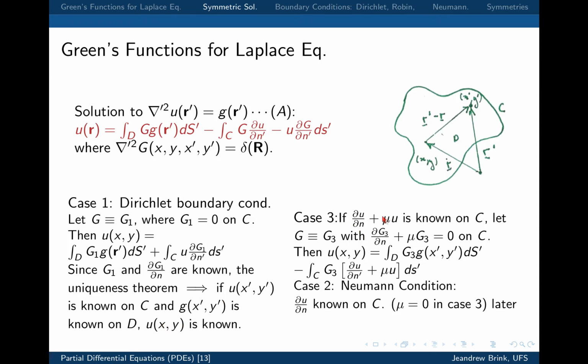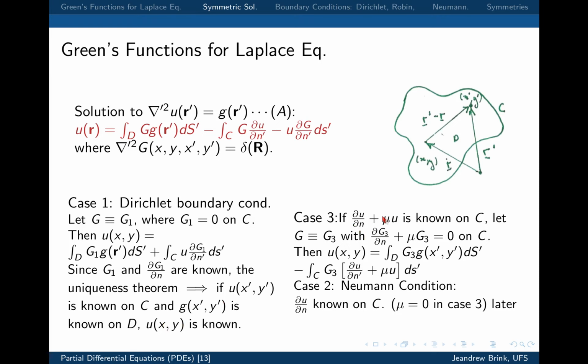And then the final case was mu equals 0, and here is something tricky. Here is the Neumann case, but you actually run into a problem and you have to change the formulation slightly. There's a similar formulation, but we'll also look at that in what comes.